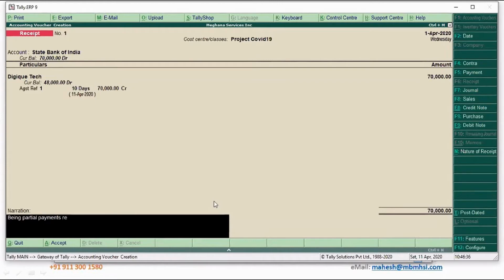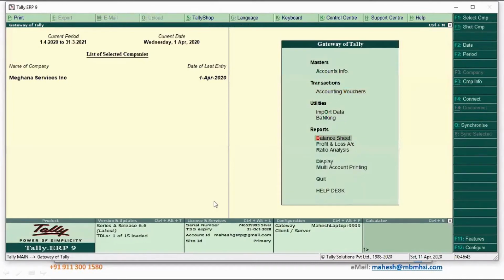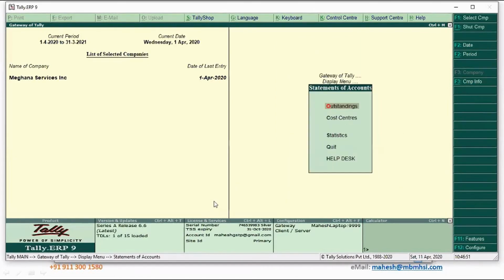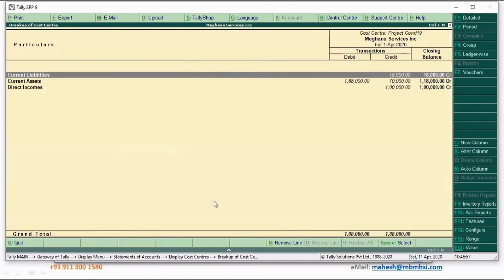Partial payment received. Now, for example, I want to look at my project report. What is happening to this specific project? If I go to display, statement of accounts, cost center, and go to this cost center breakup of COVID-19, this is in fact the trial balance for my project.